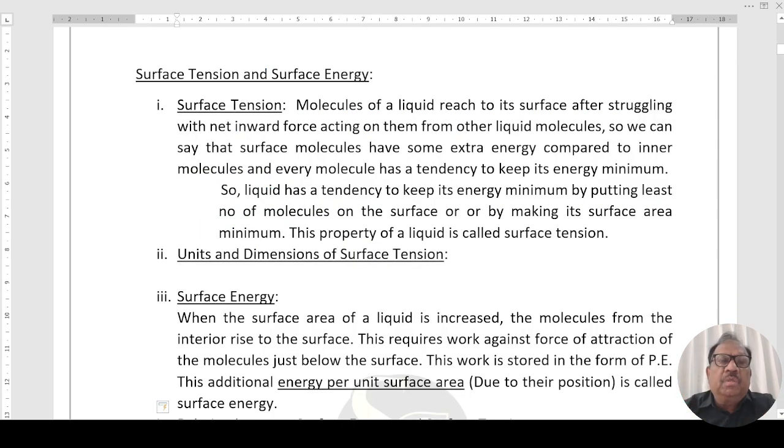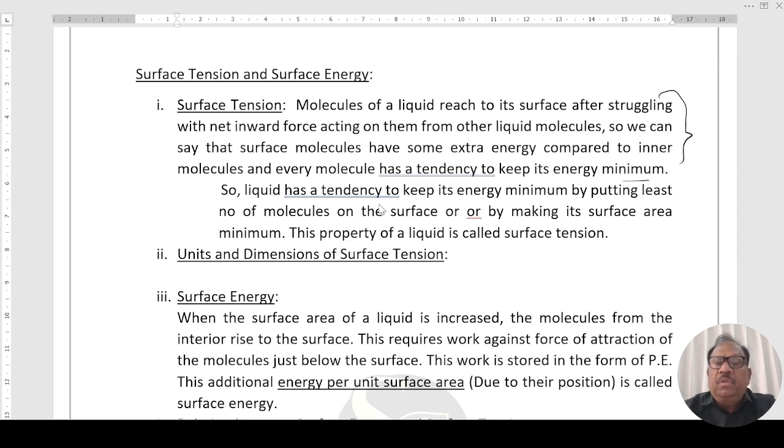Before I start with the questions, let's discuss certain concepts regarding surface tension and surface energy. What is surface tension? Molecules of liquid reach the surface after struggling with a net inward force acting on them from other liquid molecules. So we can say that surface molecules have some extra energy compared to the inner molecules, and every molecule has a tendency to keep its energy minimum, right?